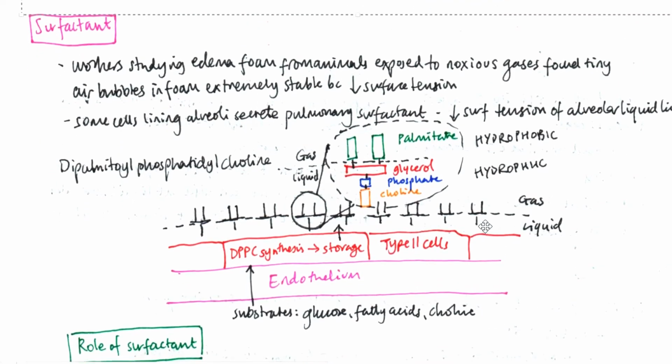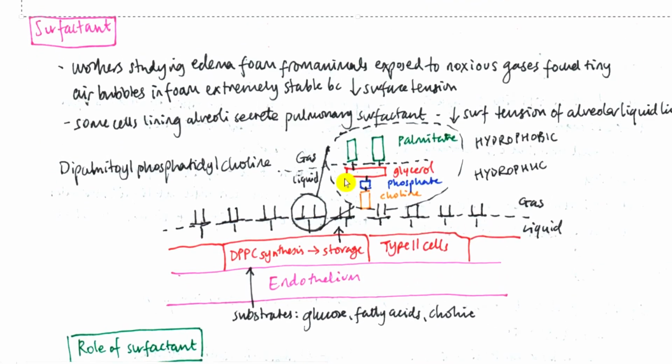Now, surfactant is responsible for managing the surface tension. Workers studying edema foam from animals exposed to noxious gases found that tiny air bubbles in the foam were extremely stable because of decreased surface tension. Surface tension makes things less stable, so if you decrease your surface tension, then you make a 3D shape more stable, like a sphere.